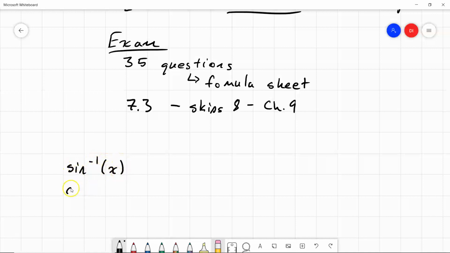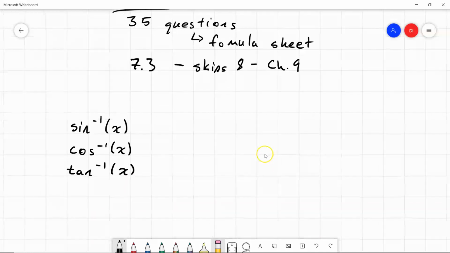Let's talk about inverse functions, guys. So remember, we started 7.3 this quarter with inverse functions, and inverse functions were created from truncated versions of our normal functions, sine, cosine, and tangent. So these inverse functions had domains that were the outputs of our functions.